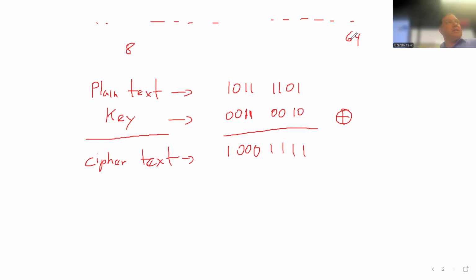Then we're going to split this whole message of 64 bits into blocks of 8 in sequence. We grab the first 8 bits, that's the first block. Then the next 8 bits, up to 16, that's the second block. So these are then plain text 1, plain text 2. Do you see that?